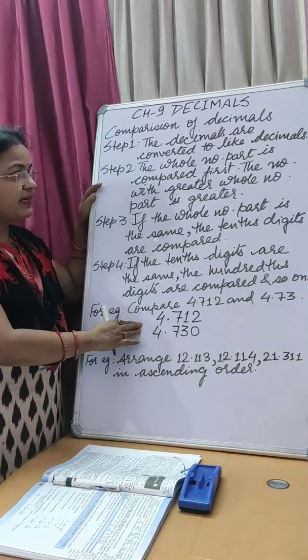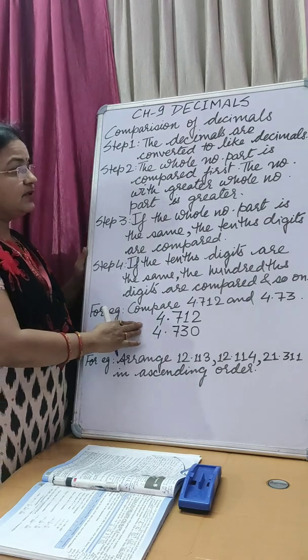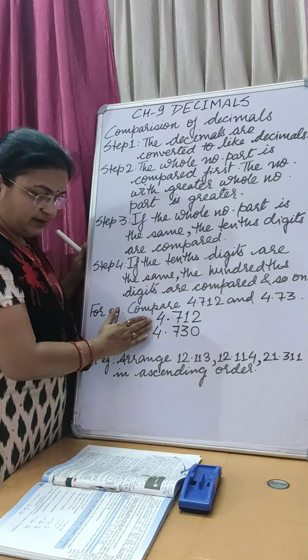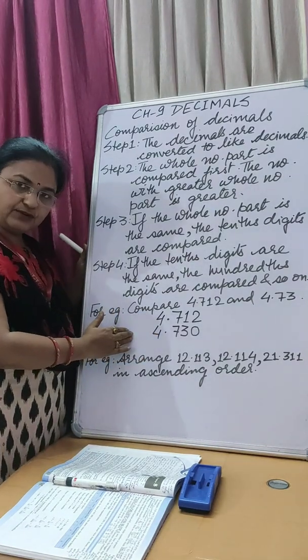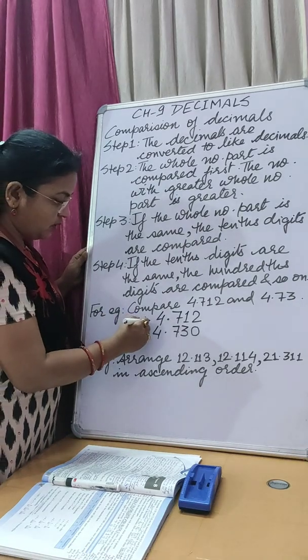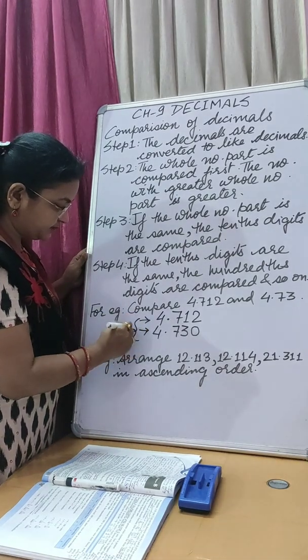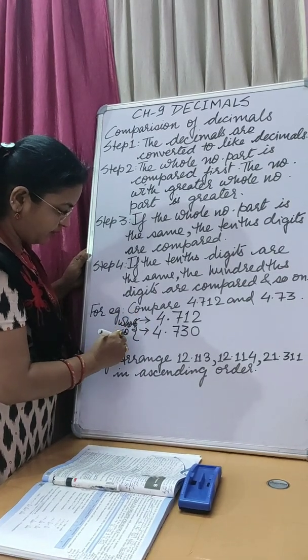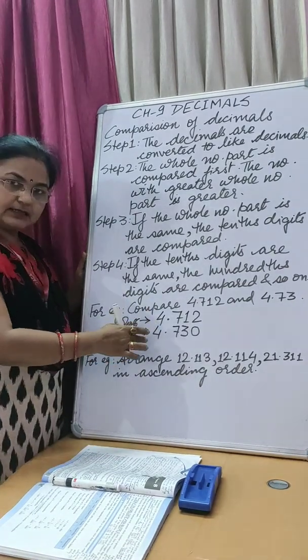The whole number part is compared first. The number with the greater whole number part is greater. So we'll compare the whole number part, meaning the left hand side of the decimal. What are these? 4. So they are similar.